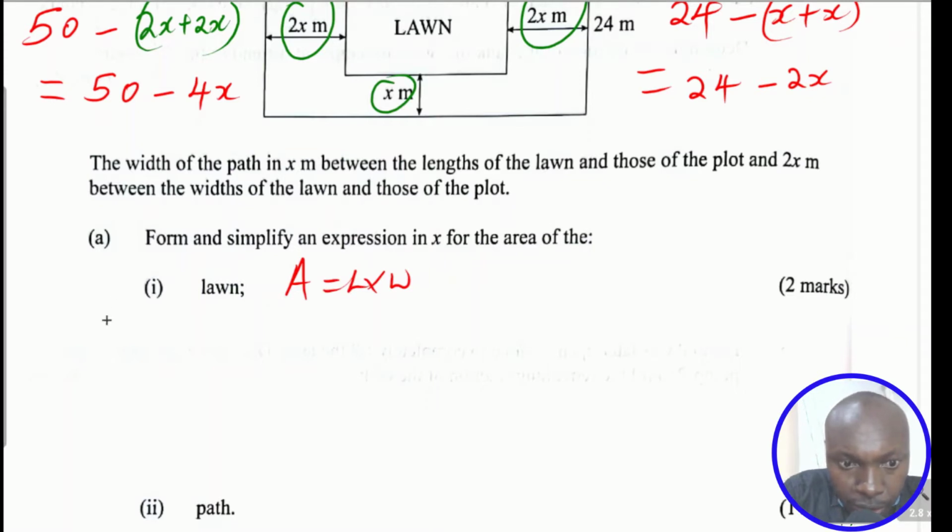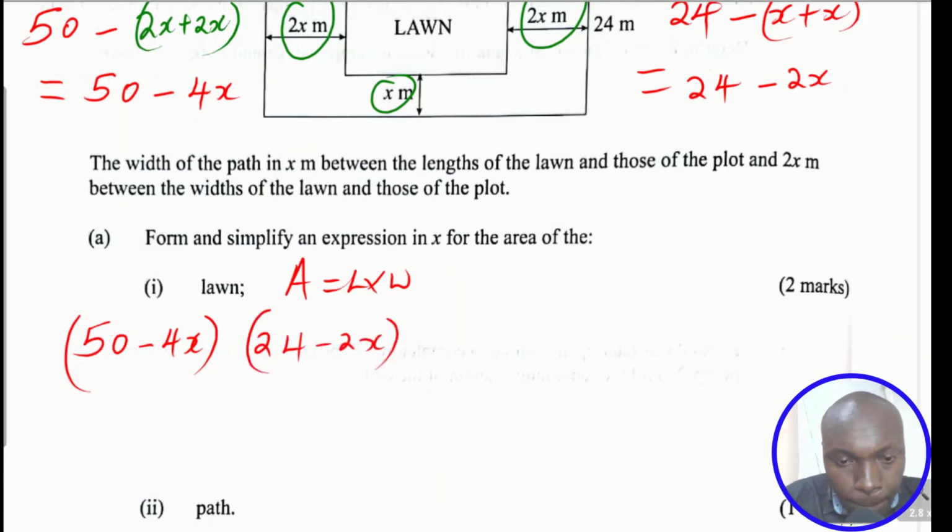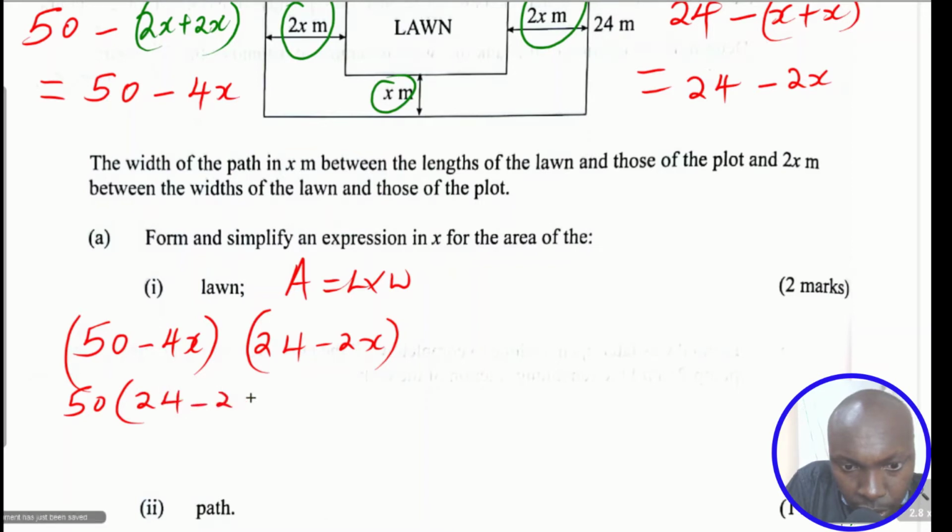We take the length, 50 subtract 4x, and multiply by the width, 24 subtract 2x. To work this out, we just need to expand. We take 50 multiplied by 24 subtract 2x, then we take negative 4x multiplied by 24 subtract 2x.